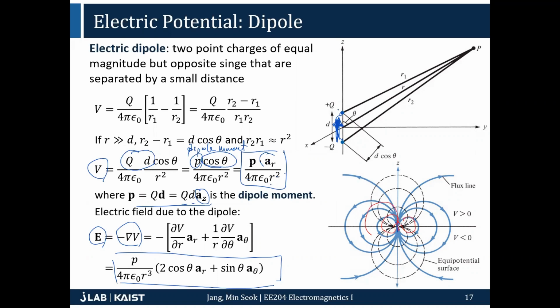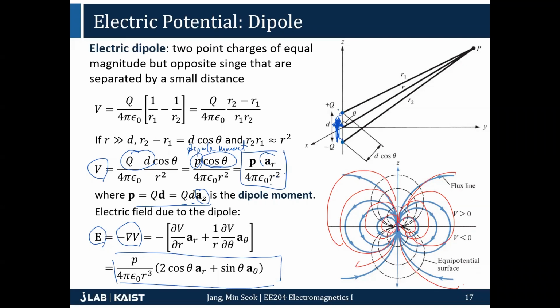It's like circling around your dipole. So this is just one example of why the electric potential is useful in solving electrostatic problems.